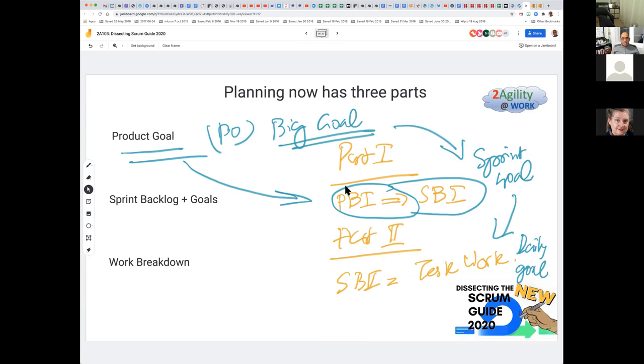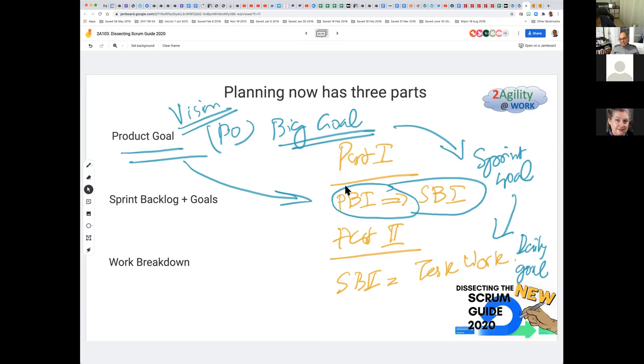Again, you could do the product goal in 5 minutes. You could spend half an hour, 1 hour, it doesn't matter. In fact, I would be surprised if many of our teams were not already doing it. When we went into a sprint planning session, we already had a vision for the product. And from the vision, we derived, in the context of the vision, why we are doing the work that we're doing for the product.